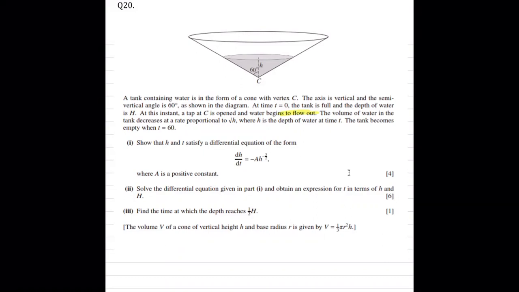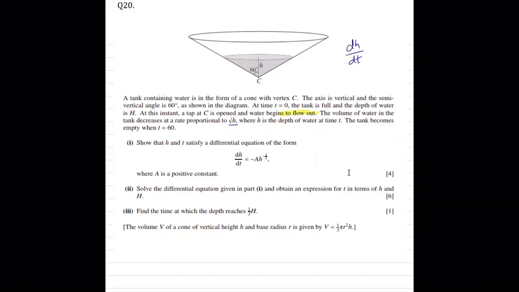Decreasing. So if it is decreasing, do you think the rate of the height is going to be positive or negative? Negative. Negative, yes. The volume of the water in the tank decreases at a rate proportional to root h. So there isn't any inflow, only outflow.